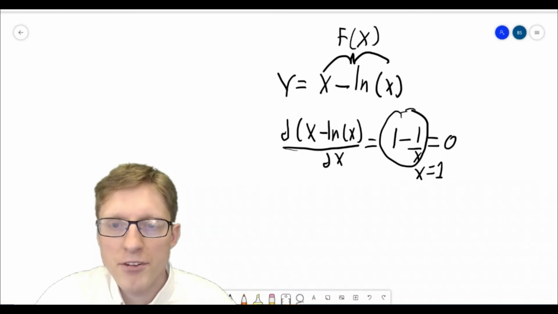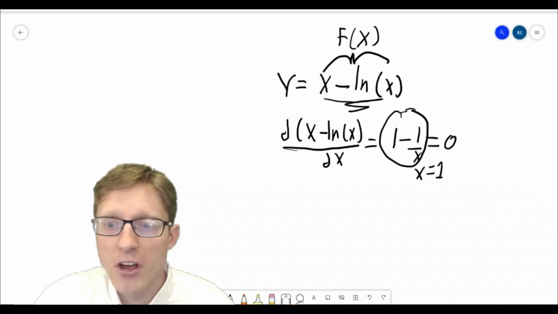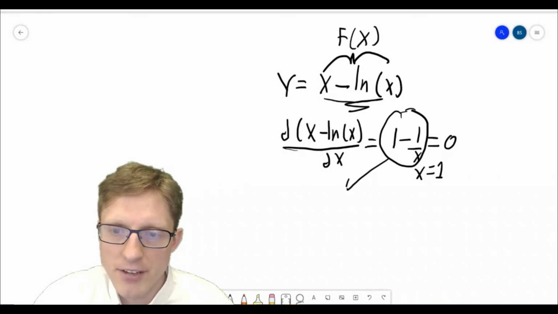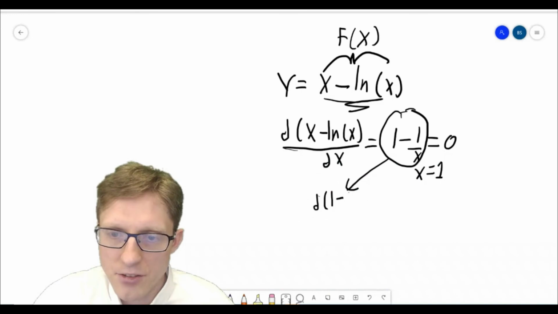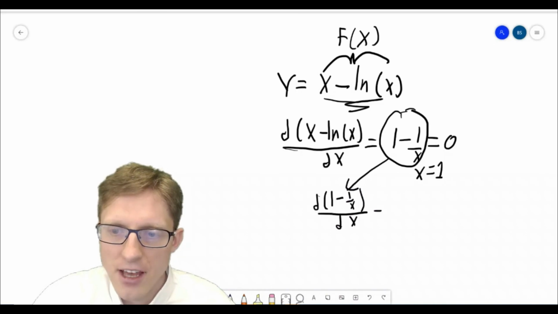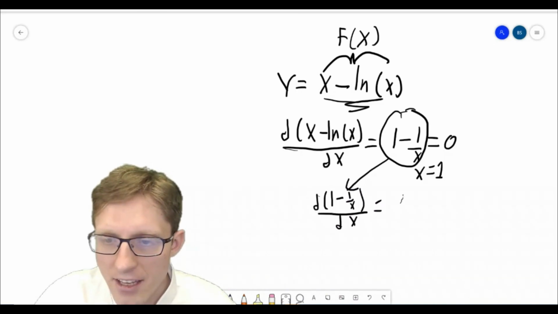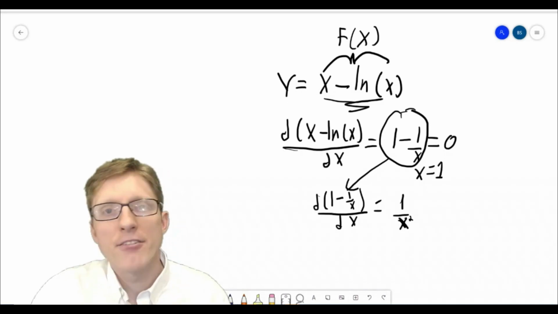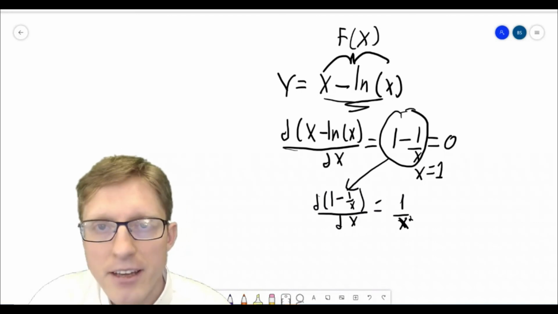Okay, so now what we want to do is we want to get the second derivative of this original function, or said another way, the derivative of the derivative. So let's take the derivative of this derivative. So the derivative of 1 minus 1 over x with respect to x is 1 over x squared, which you can see for any value of x you plug in is positive.